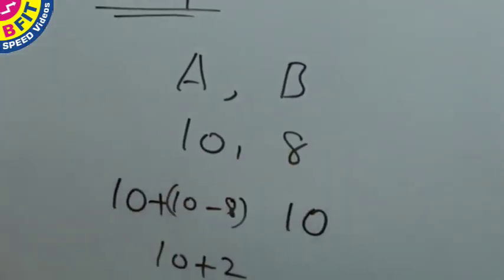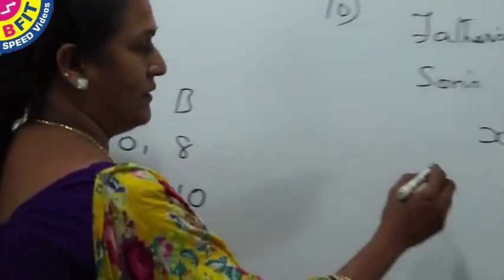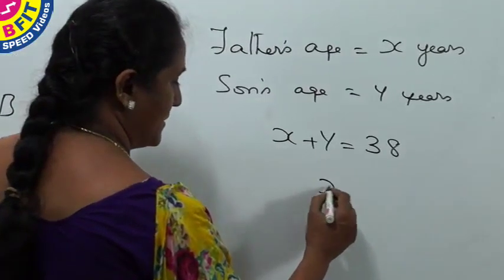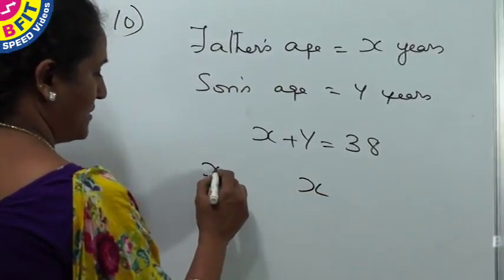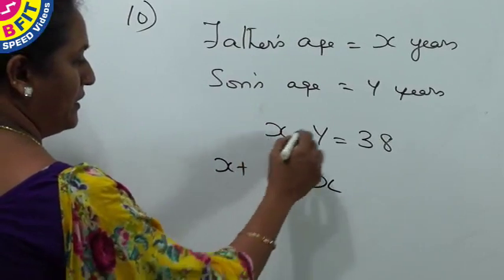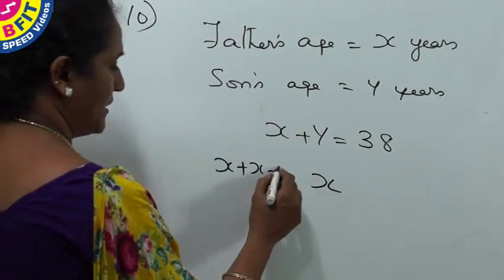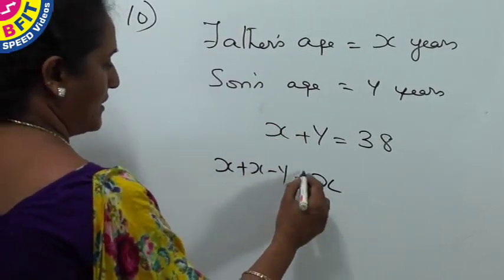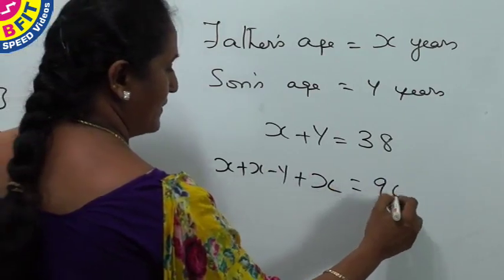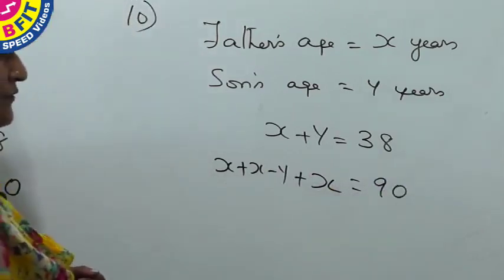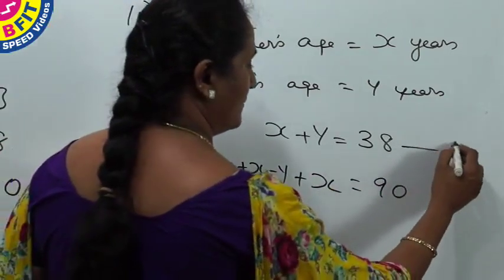So using the same concept, when the son attains father's age X, the father's age is increased by the difference in their present ages, and their sum is given as 90. So we have two equations here.